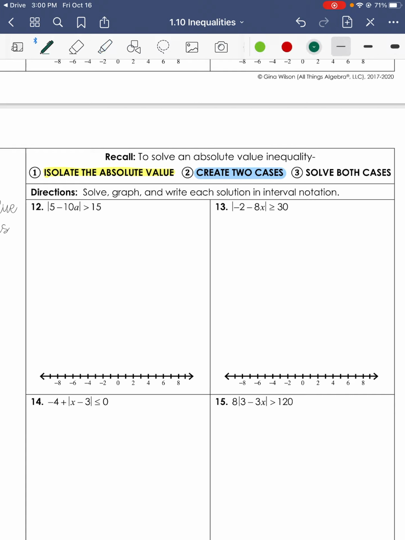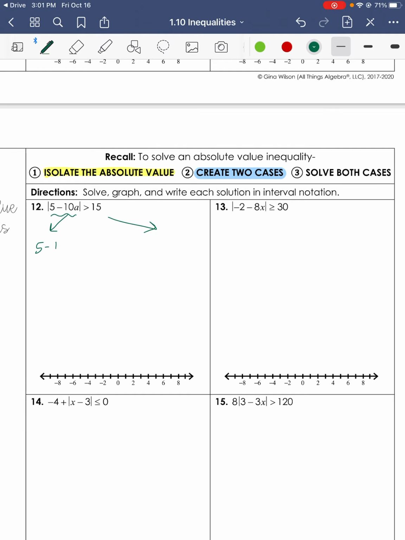So what these two cases would look like is very similar to when we solve absolute value equations, right? We're going to have a positive version and a negative version, but with these inequalities, we are going to flip the sign when it becomes negative. Okay, so we're going to write these in two different cases here.